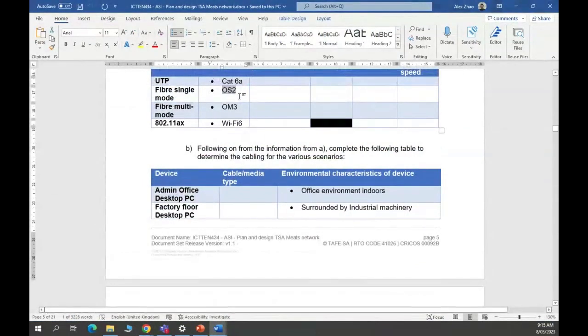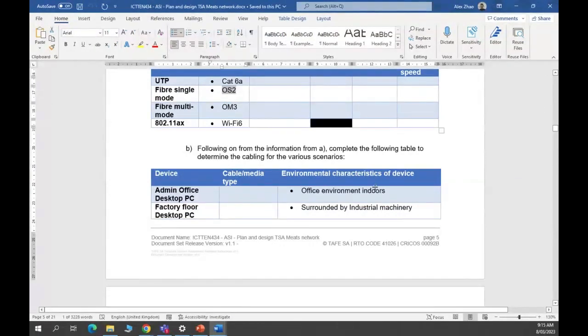So now let's look at this. Which type of connection would you use for these types of things? Fiber, like I mentioned, is probably good for the backbone, for areas where there's a lot of interference. Remember when we talked about the cables, fiber is not susceptible to electromagnetic interference. And remember this scenario, this factory, isn't it? The factory has machinery, it's got big electromagnetic motors. I think those are big clues, isn't it?